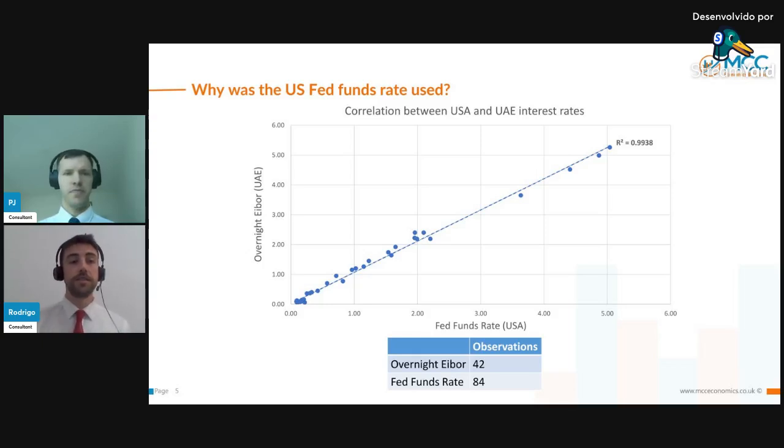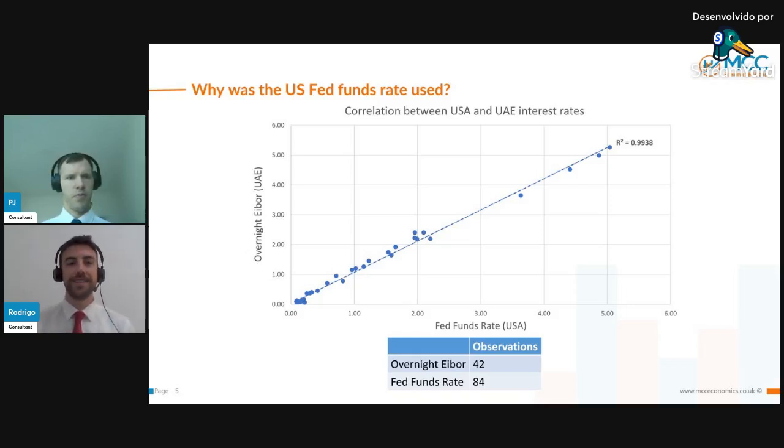And since the UAE currency is pegged to the US dollar, we saw that it was very likely that those two interest rates would operate very closely, because if they didn't, they wouldn't be able to peg their currency to the US. So that's why we decided to explore this relationship and see if we could use the US data.